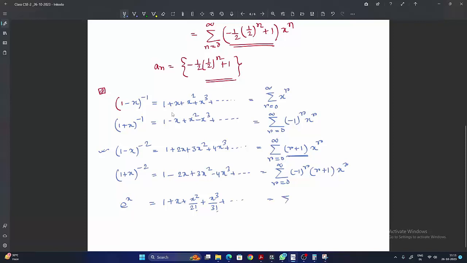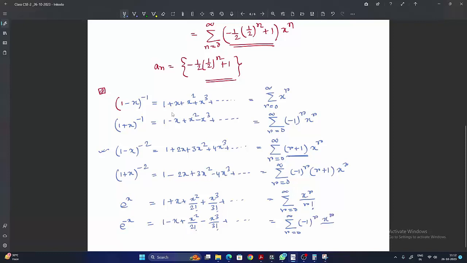So it will be the sum over r equal to 0 to infinity of x to the power r by r factorial. e to the power minus x is 1 minus x plus x square by 2 factorial minus x cube by 3 factorial, with alternating sign, so the sum over r equal to 0 to infinity of minus 1 to the power r, x to the power r by r factorial.